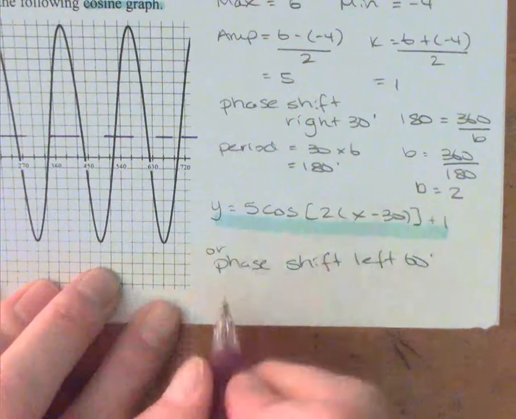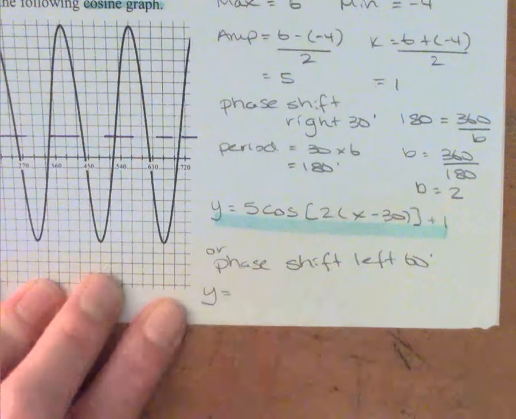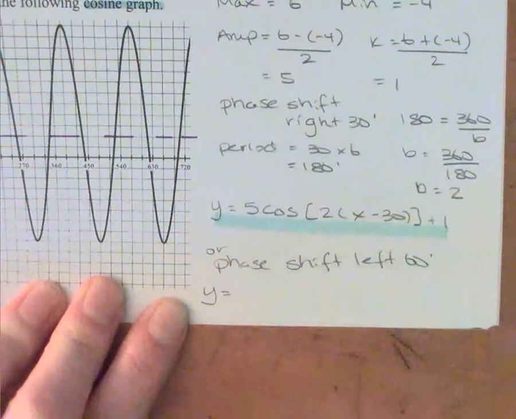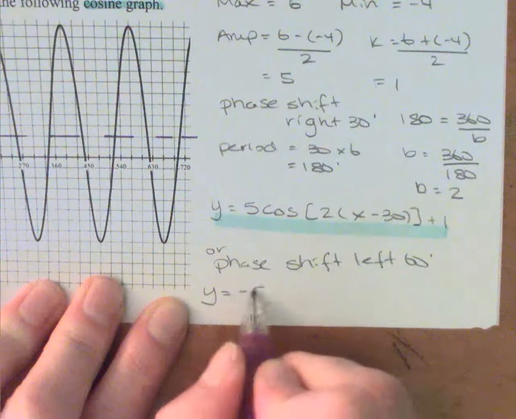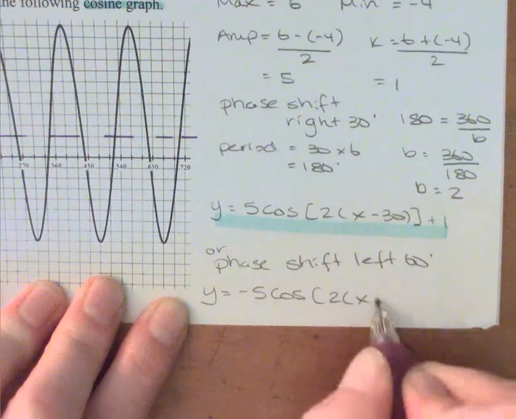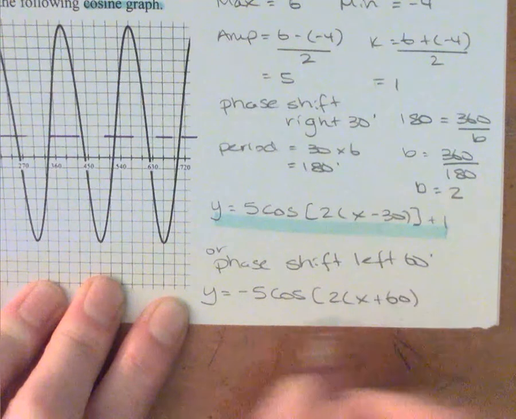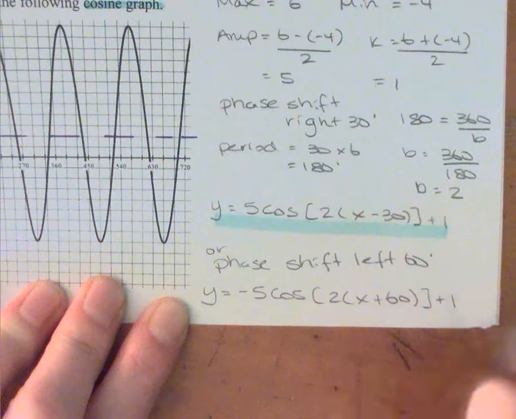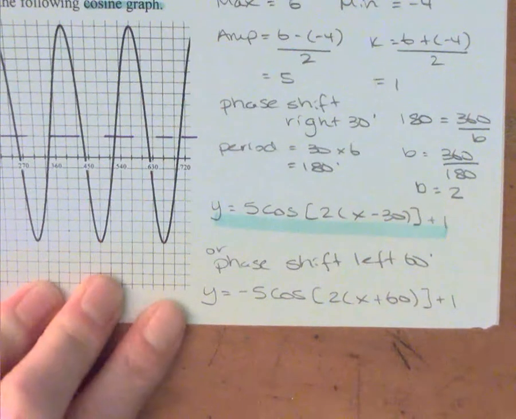So my equation could actually be y is equal to, and in this case I've started at the bottom, so that means there has to be a vertical reflection. So I'm going to put minus 5 cos 2x. I'm going to say plus 60. That changes and this changes in this case. And plus 1. So that would be if I picked that cycle.